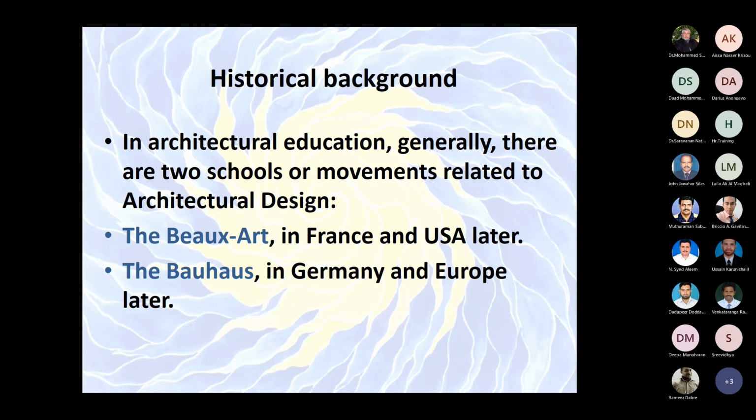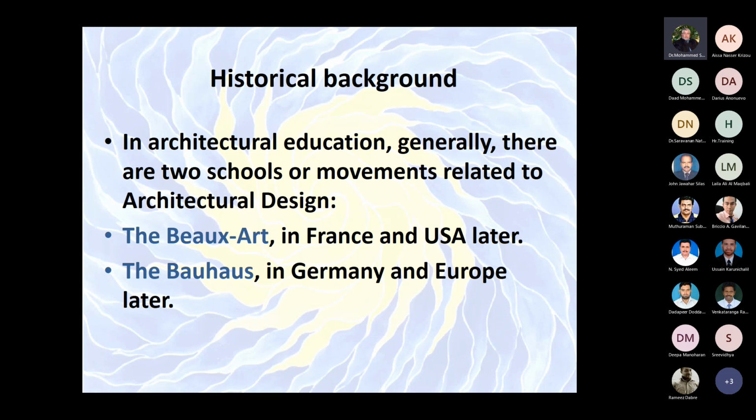Let's take a historical background of the meaning of design, and especially architectural design. In architectural education, generally, there are two schools or movements related to architectural design. They give explanations in these architectural schools or movements of what we mean by architectural design.